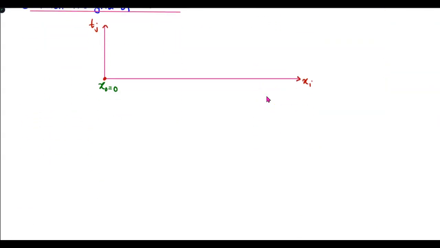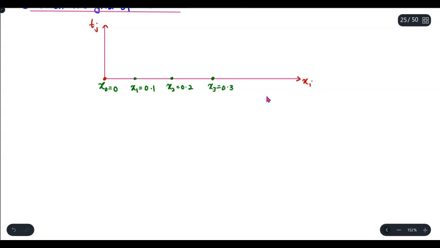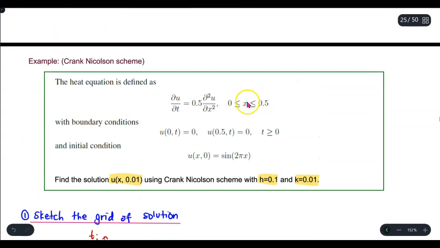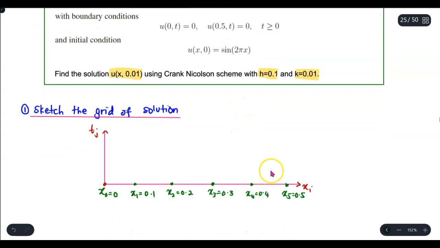So x0 equals 0, x1 is 0.1, because the increment is 0.1, x2 is 0.2, x3 is 0.3, x4 is 0.4, and lastly x5 is 0.5. You must stop at x5 at 0.5 because this is what has been given by the interval of x in your problem. That is for the x-axis.